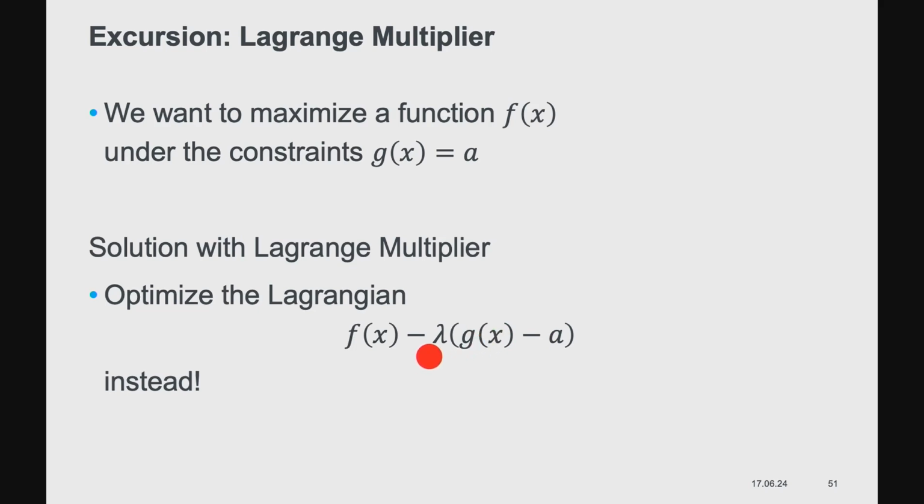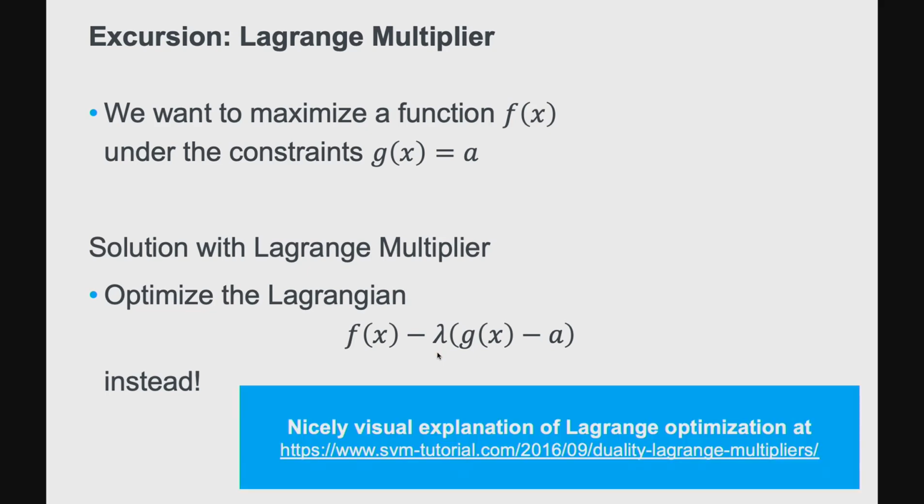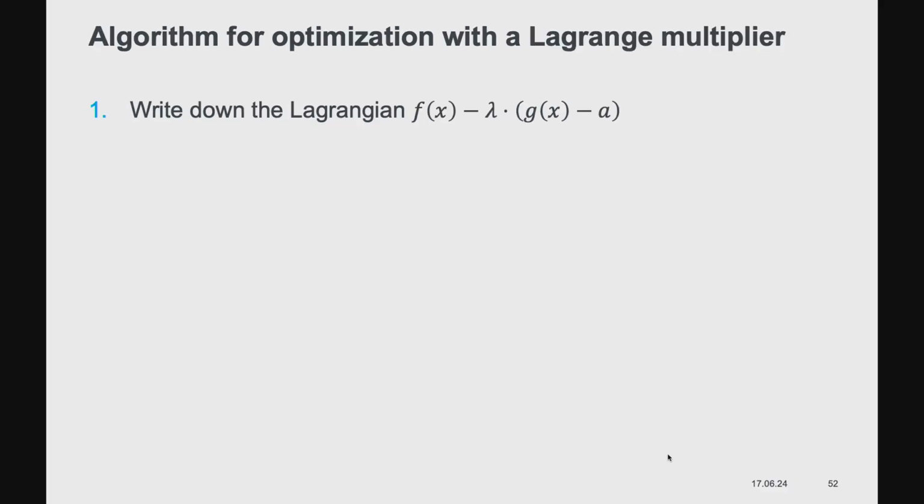What I introduce here to make these constraints relevant is some lambda, the so-called Lagrange multiplier. By the way, they don't show this here, but there's a very nice visual explanation of Lagrange optimization, so I recommend you look at it. So this is the Lagrangian.